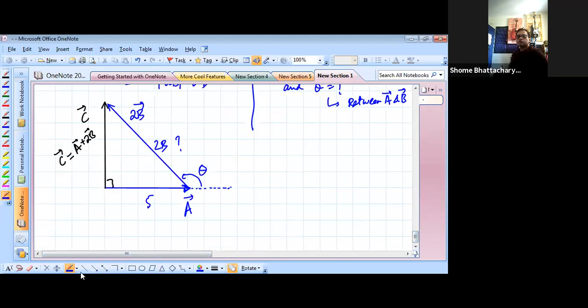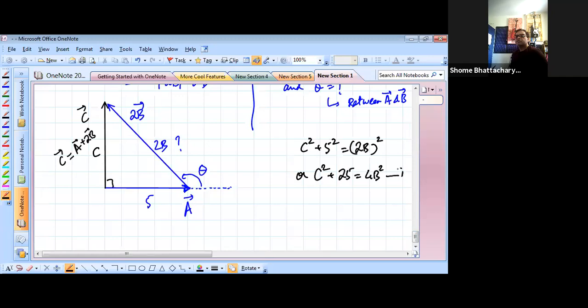So this side is some unknown c. First of all, from Pythagoras theorem, we have c square plus A's magnitude square, which is 5 square, is 2b whole square. Or we have c square plus 25 is equal to 4b square.